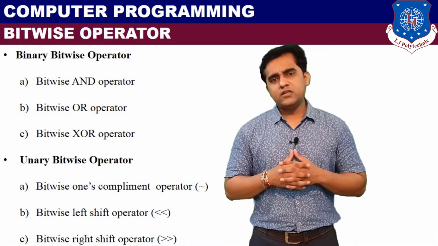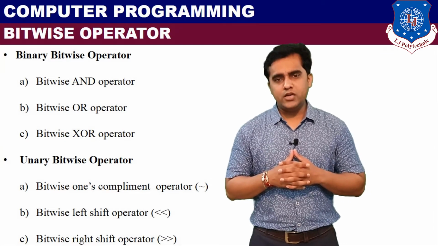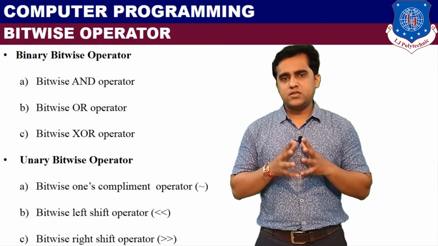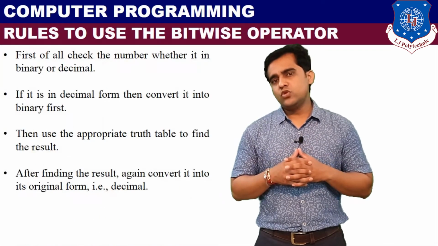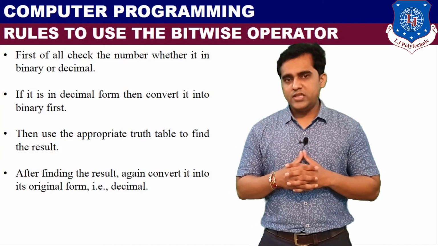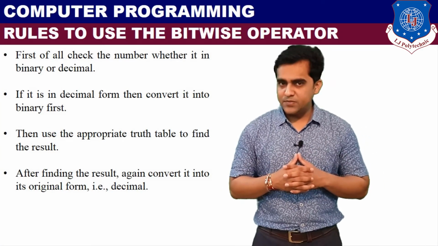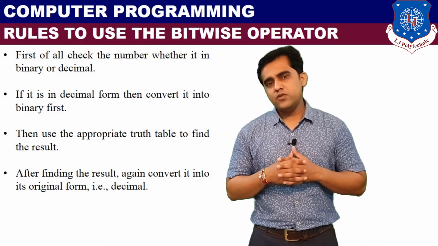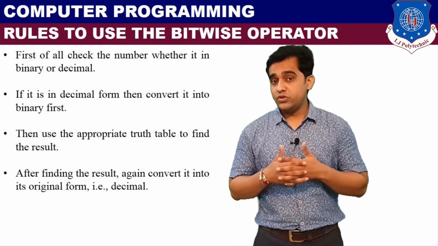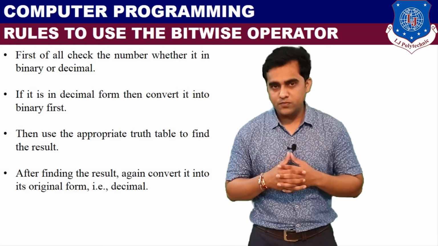Before understanding each operator in detail, we should know some basic rules regarding bitwise operator. First, it will deal with decimal numbers. If your number is in decimal, then you have to convert it into bit form or digits.